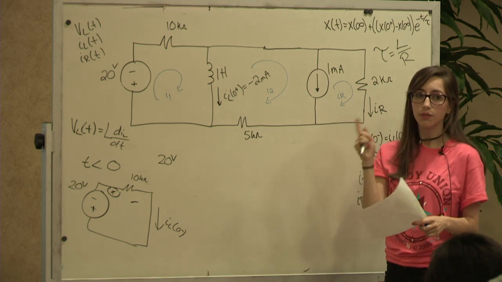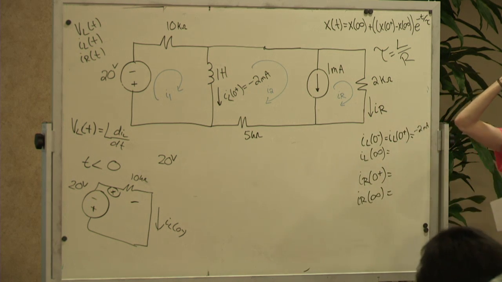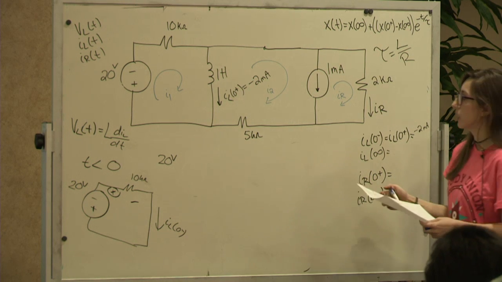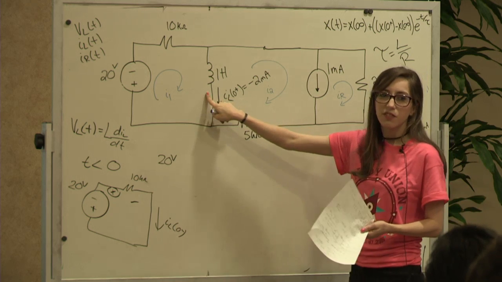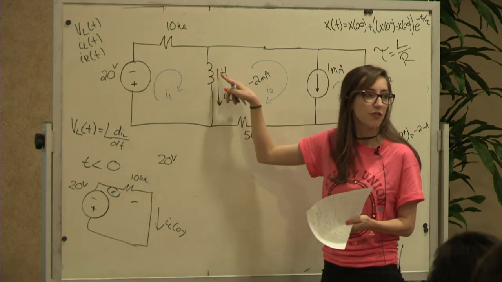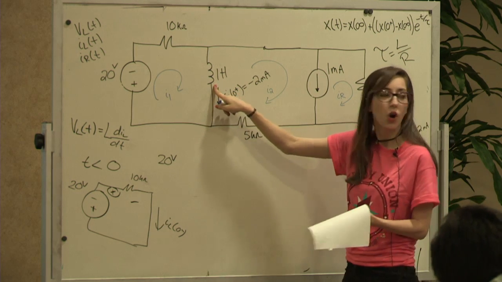mesh is KVL. So when you're doing a mesh, you want to make sure every component can be represented as a voltage. Can we represent V_L of t here? If I did a KVL here, is there really any way other than just calling it V_L? There's no Ohm's law, right?